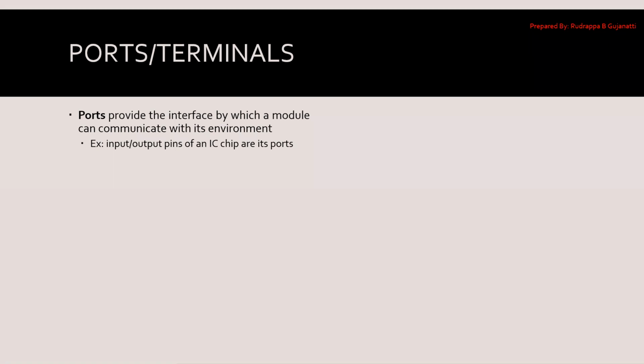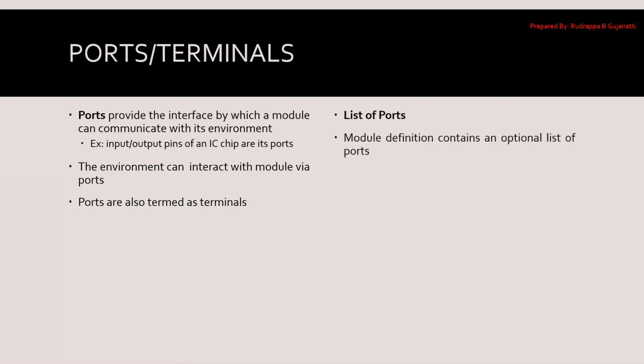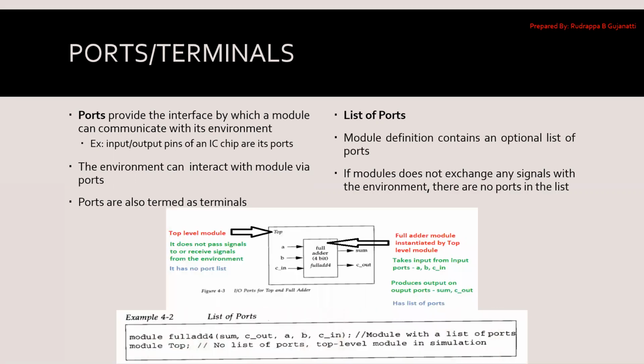Hence we see that there is a requirement for a port list and its declaration, or terminal list and its declaration. Based on the direction in which the ports are operating, we can have three different kinds: input ports, output ports, and in-out ports. So these are a few things which come around with the ports. Ports are also termed as terminals, as we specified.